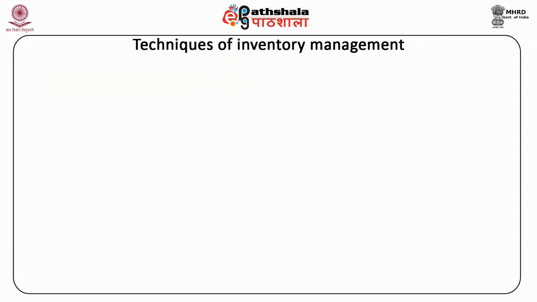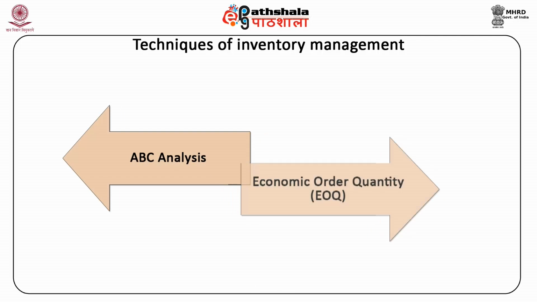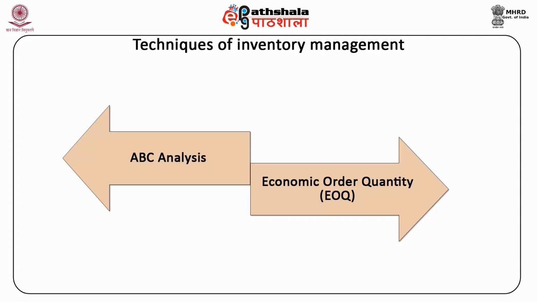Techniques of inventory management. Various techniques have been suggested which help us in balancing out the expected costs and benefits of maintaining inventories. They are ABC analysis and economic order quantity, in short EOQ. We will discuss them in detail now.